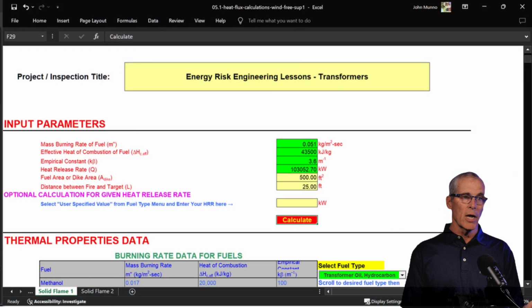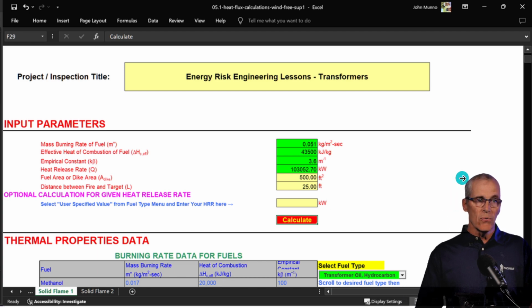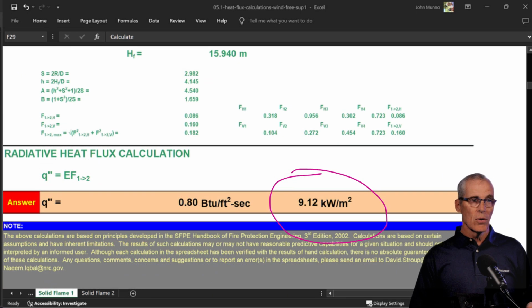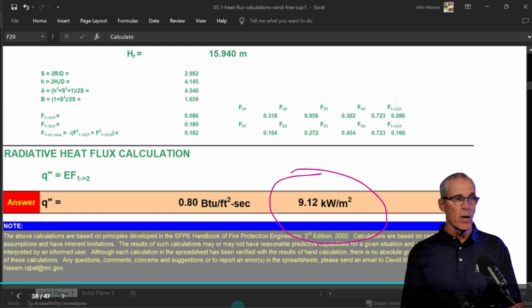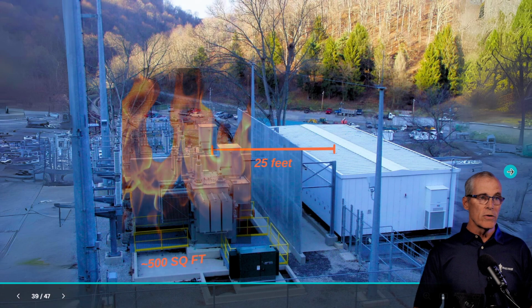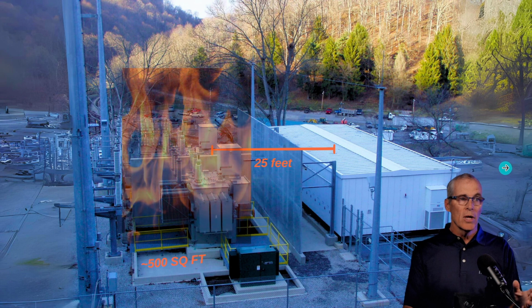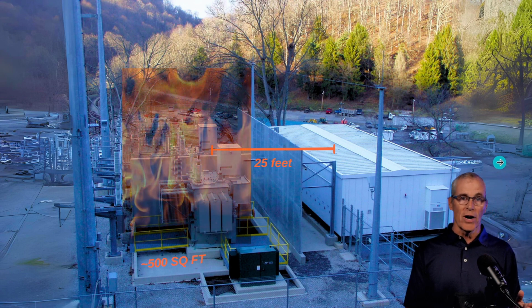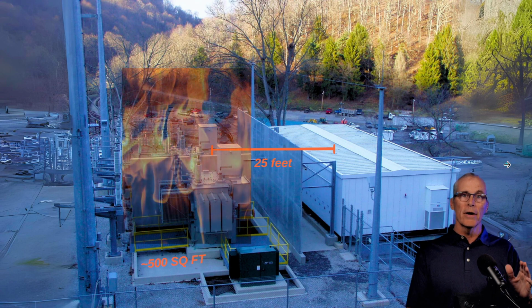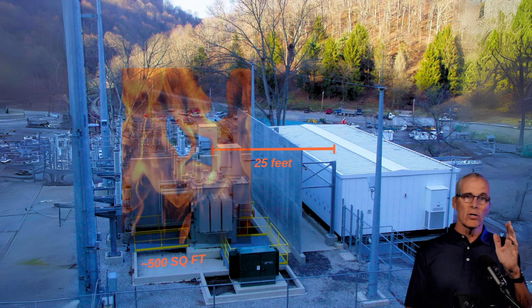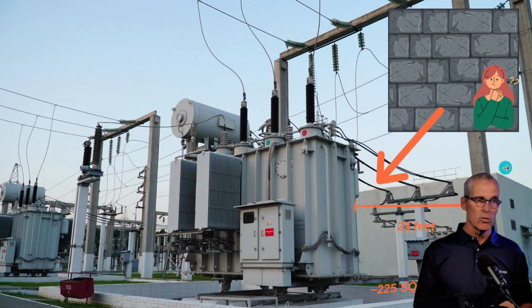And we're going to say what kind of heat flux would hit that building if there was no firewall. And we get about 9 kilowatts per meter squared. So from our previous chart, we kind of know that firewall is helping, right? Anything over that 4 or 5 kilowatt per meter squared number is going to start to cause you electrical problems. So we don't want that.